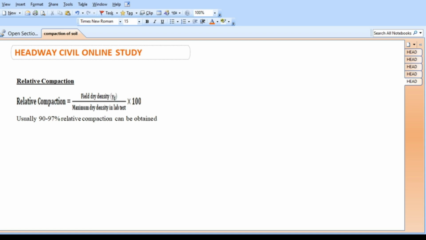Numerical questions may come: say you have been given the field dry density as x, and the maximum dry density obtained in the lab test as y, and you might be asked to find the relative compaction. So I hope this chapter is quite clear to you.